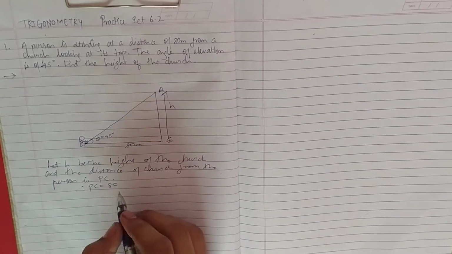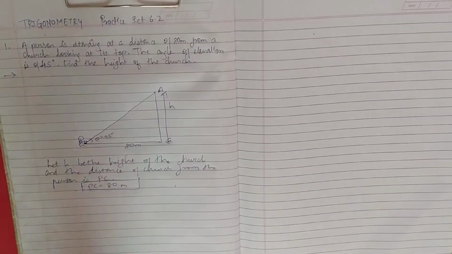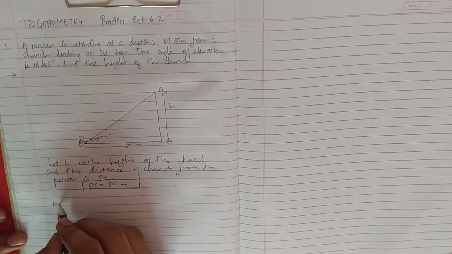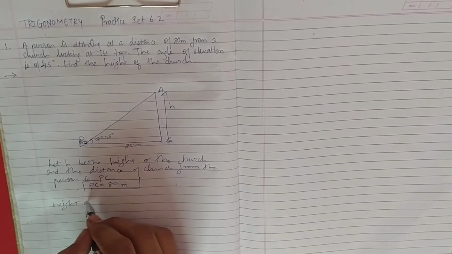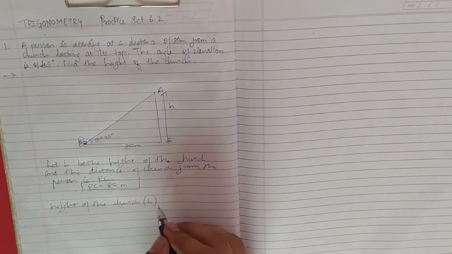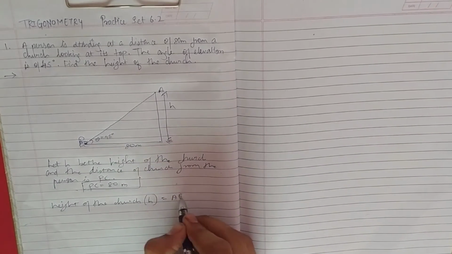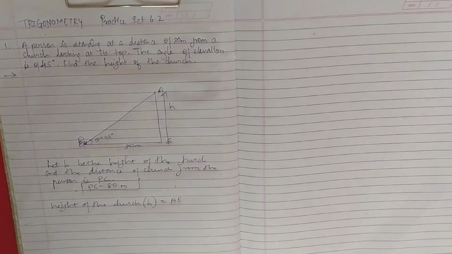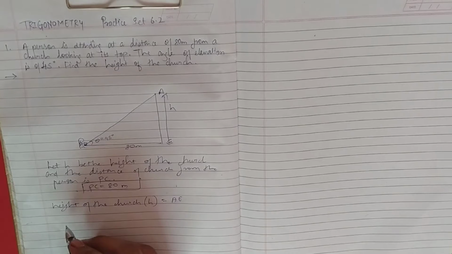We have to find the height of the church, that is h, which is AE. So for finding the height of the church, we know the formula of tan theta.